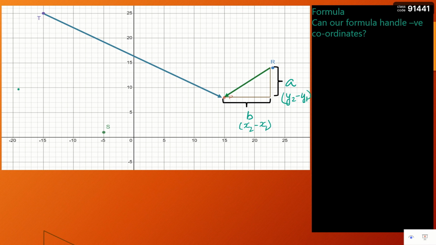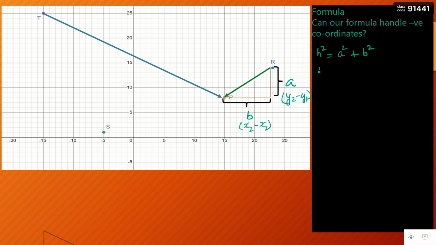Let's look at it. We know that as per Pythagoras theorem, h square equals a square plus b square. Now, what we do have is a general formula for a.